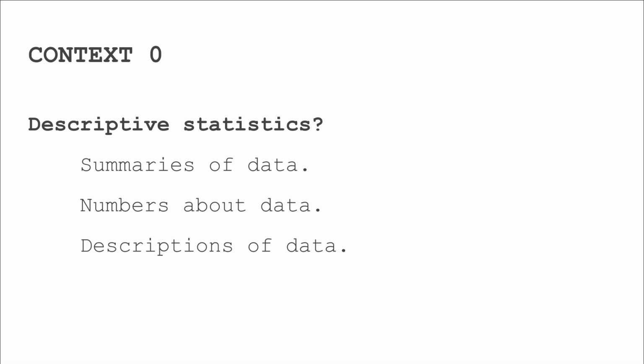So, in some sense, you can't use them for inference yet. Now, as we'll see, it's very tempting to use descriptive statistics not just as summaries, but for inference. And technically, we're not allowed to do that unless our data meets certain criteria.